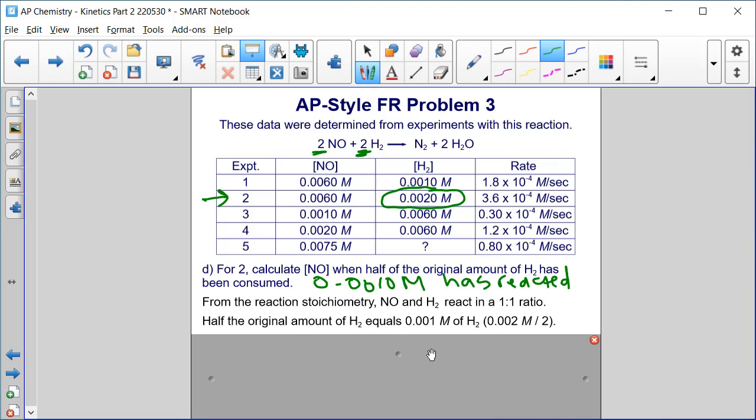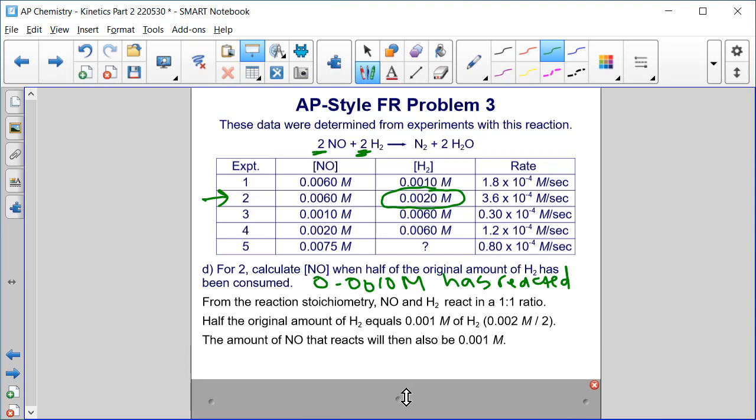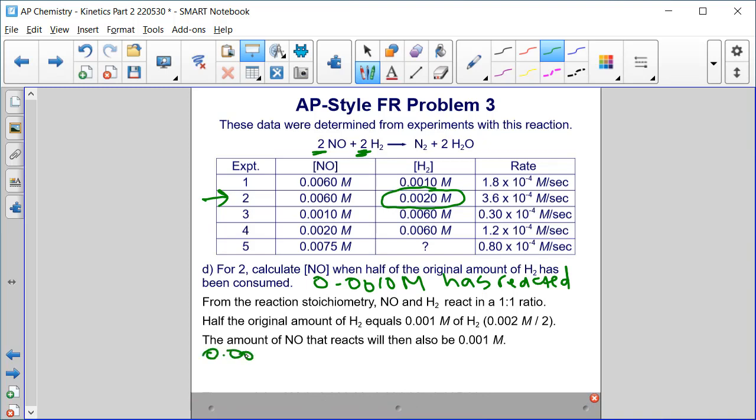Okay. Now, once we know that, the amount of NO that reacts will also then be 0.001 molar. And here is a little bit of stoichiometry I can write to show you that. So 0.0010 is half of the original concentration.